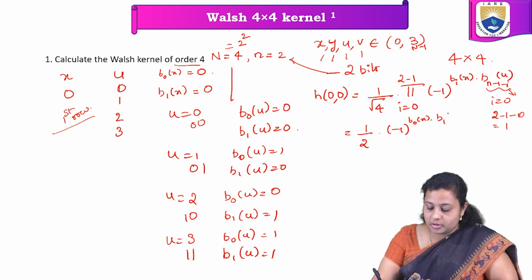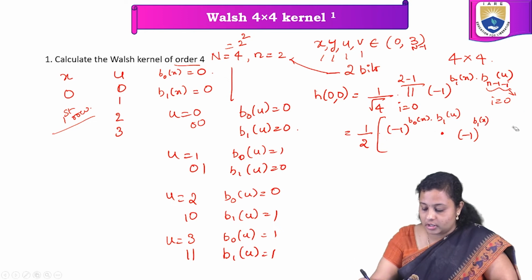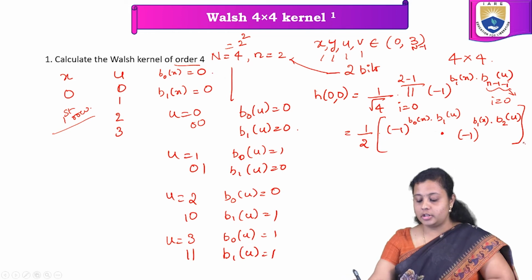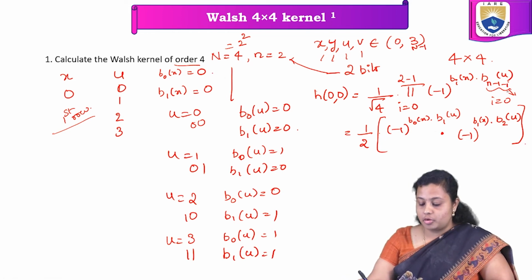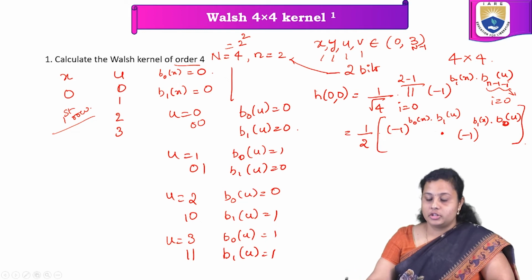So this will be b1 of u into minus 1 power b1 of x into, now this function will turn up to b(n minus 1 minus 1), so n is equal to 2 minus 1 minus 1, so this will become b0 of u.